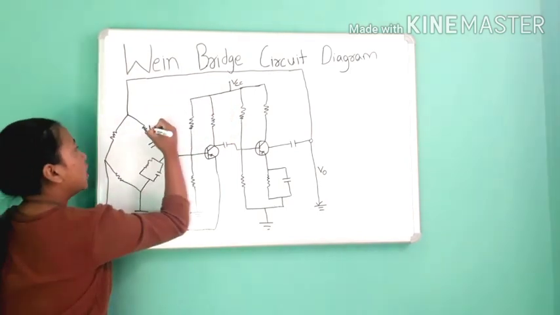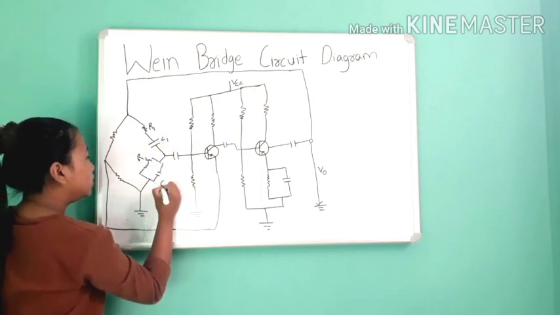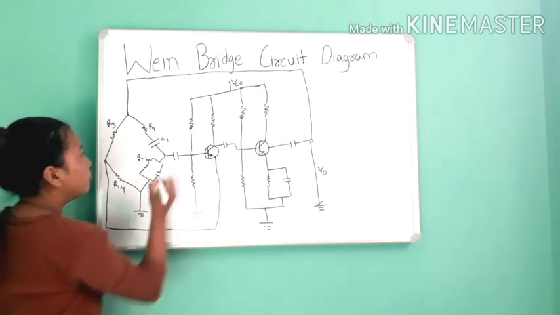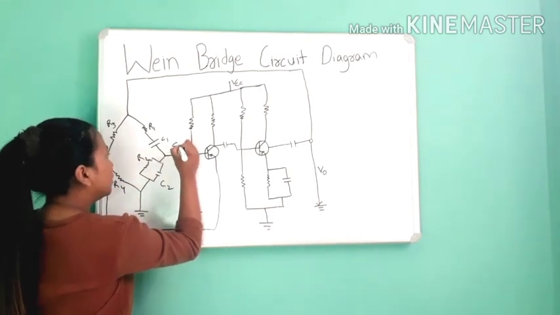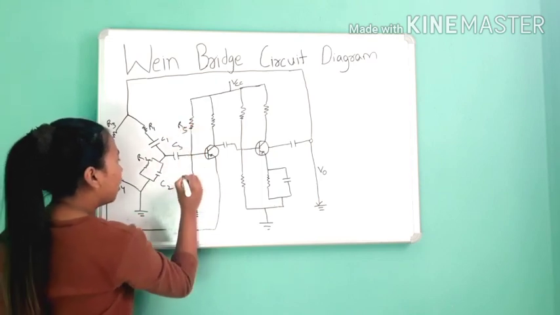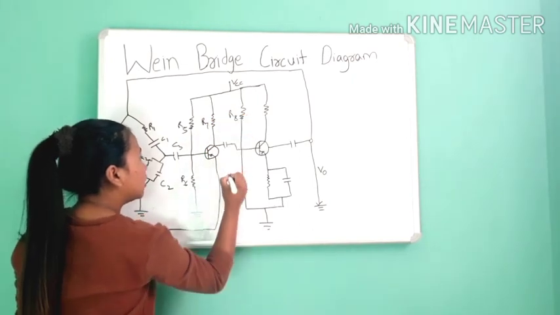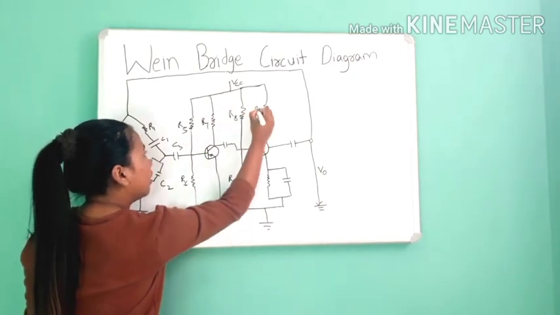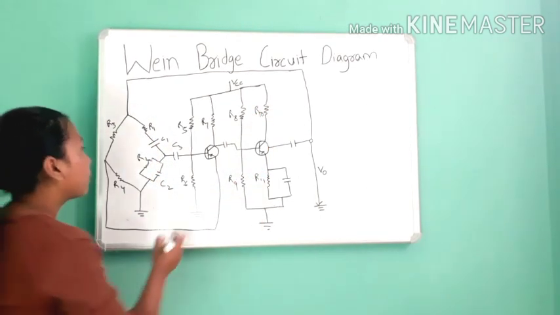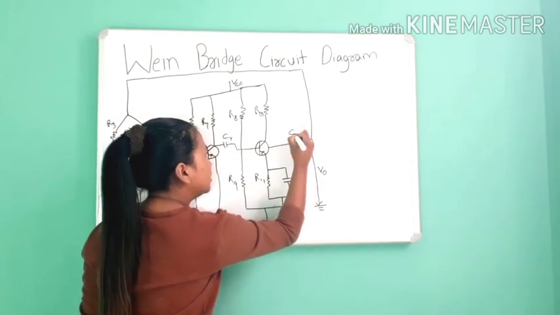Let's name it R1, C1, R2, C2, R3, R4, C3, R5, R6, R7, R8, R9, R10, R11, C4, C5, C6.